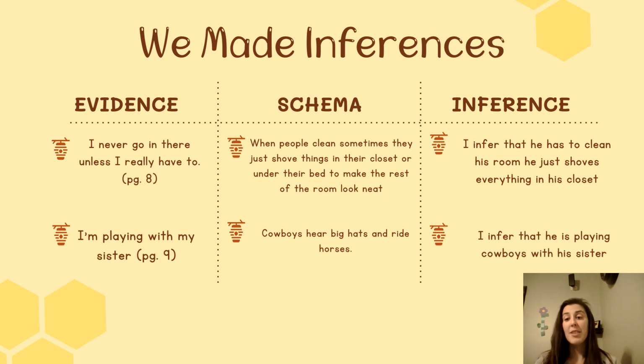So we made the inference that when he has to clean his room, he just shoves everything into his closet since he doesn't like going in there. And then on page 9, we made the inference about what they were playing. He said, I'm playing with my sister. But we also used the picture to see that she was sitting on her brother's back and she had the big hat on her head. And our schema told us that cowboys wear big hats and ride horses. And so we made the inference that he was playing cowboys with his sister.